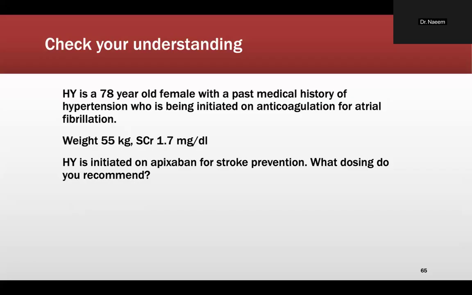The other criteria, just for completeness, is age that is 80 or above. So she's 78, but 2 out of the 3 criteria are met. Therefore, we would go with the lower dosing, which is 2.5 milligrams twice a day. So instead of 5, we would go with 2.5. So that is the answer there.